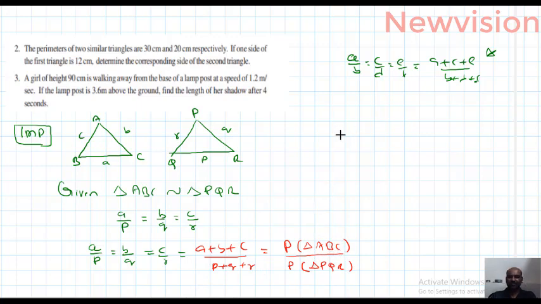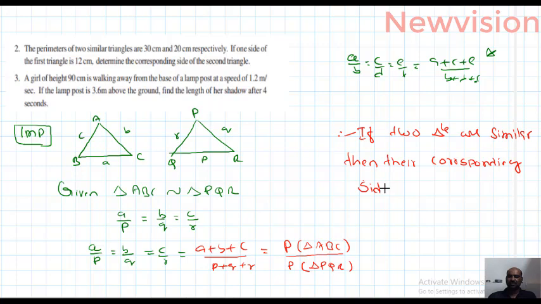I want to write. Therefore, if two triangles are similar, then their corresponding sides are in the ratio of their perimeters.